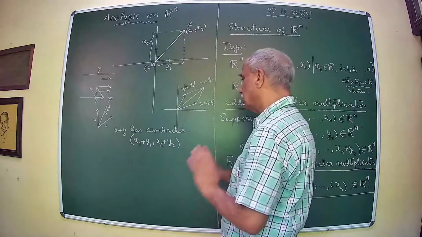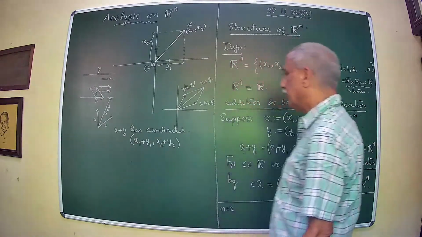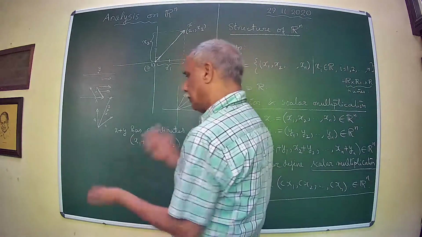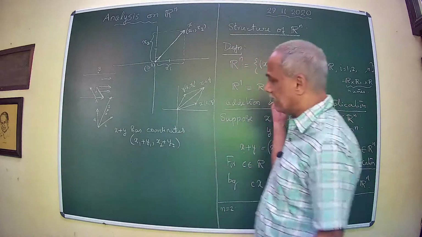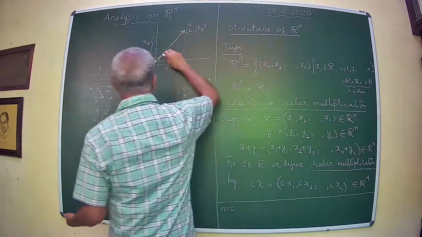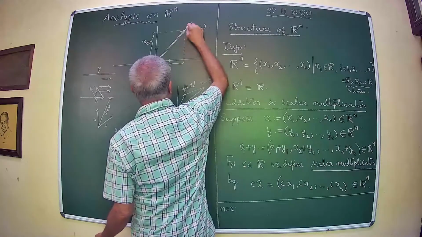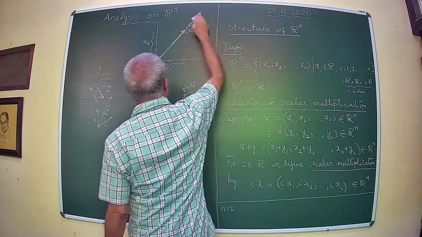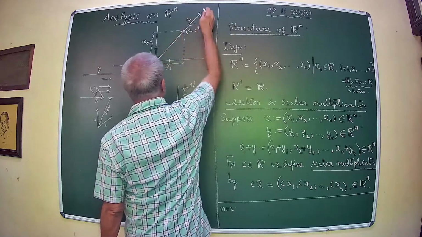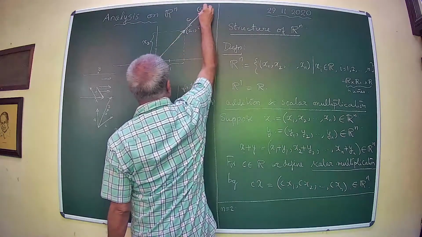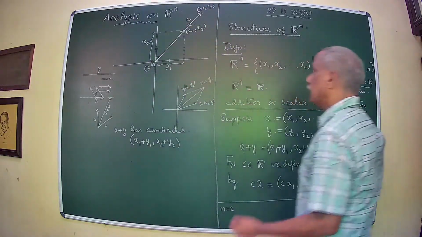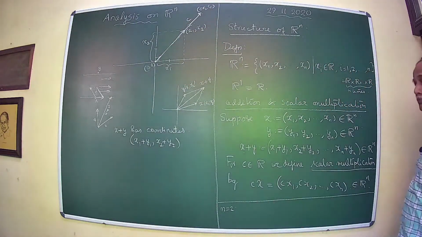So the sum was defined like this. In the same way, if you have a vector and multiply it by a scalar, that is actually scaling it up. So you have a vector in the same direction, obtained by scaling it by a scalar c.